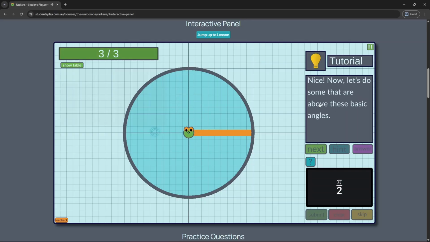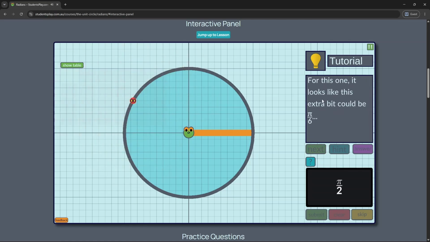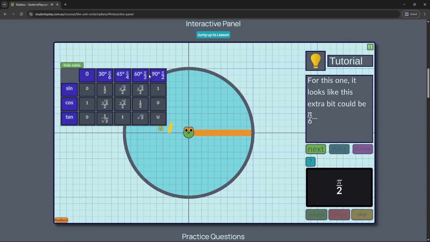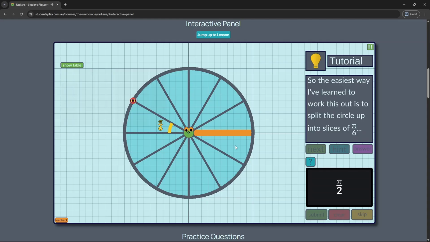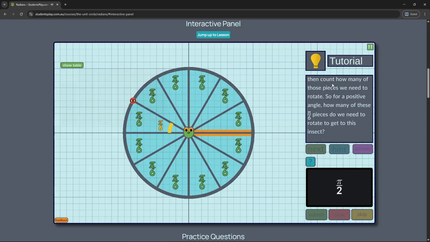Now, let's do some that are above these basic angles. For this one, it looks like this extra bit could be pi on 6, a small little pi on 6, which is the same as 30 degrees. The easiest way I've learned to work this out is to split the circle up into slices of pi on 6, then count how many of those pieces we need to rotate.